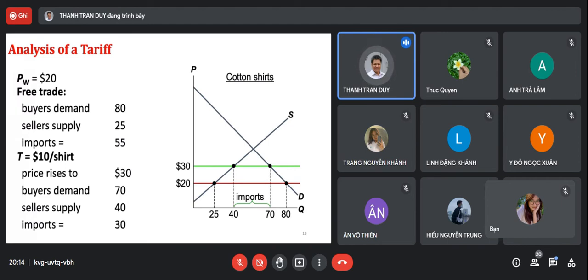You are economists and you look at this situation; do you like or dislike this tariff policy? I think no, dislike. Why do you dislike it? Because economists support international trade. In free trade the import is 55, but with the tax it's just 30, which is less.